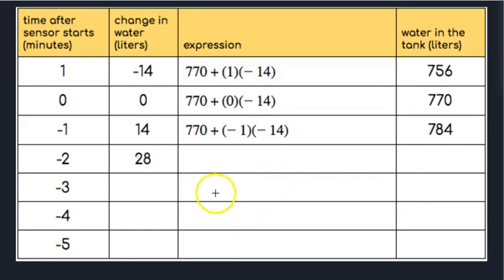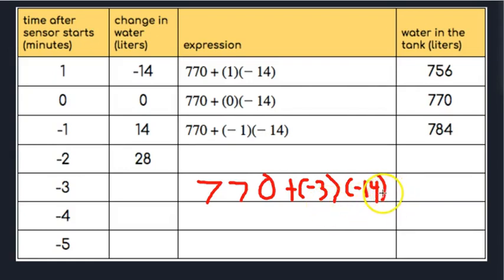Let's do a couple others here. What about after negative 3 minutes? Remember that negative in this situation would be before the 0 time, right? So this is 3 minutes before the sensor kicks in.